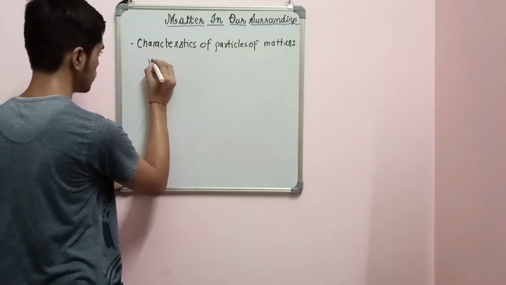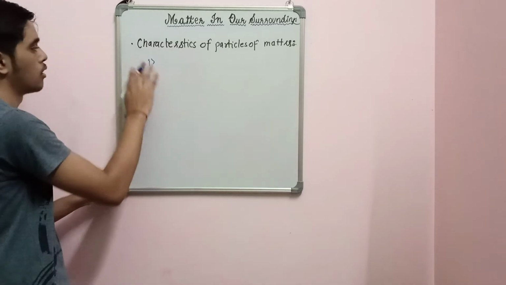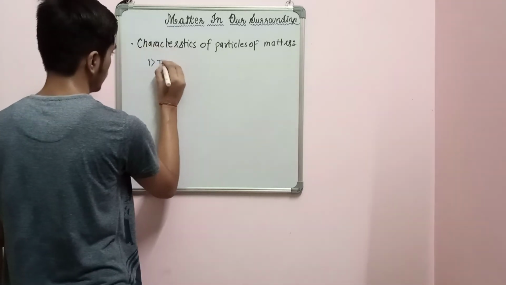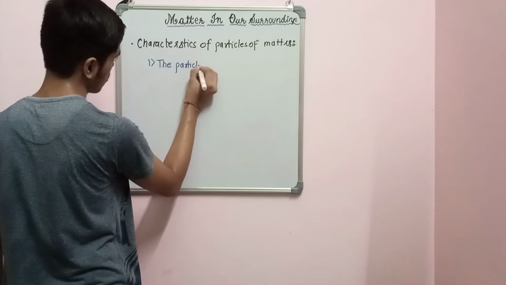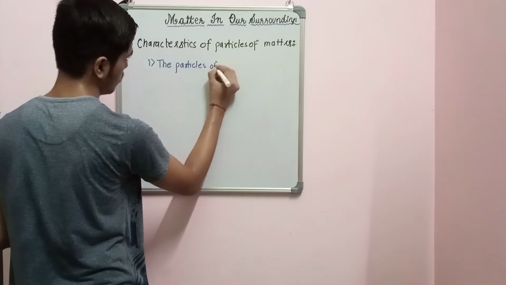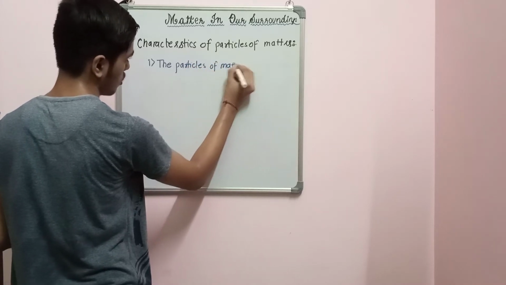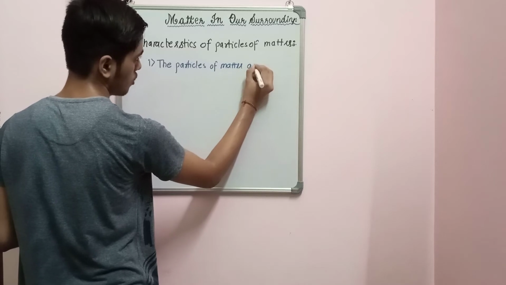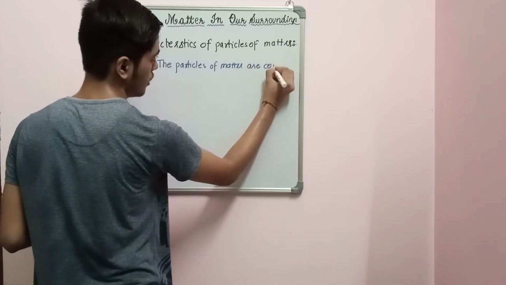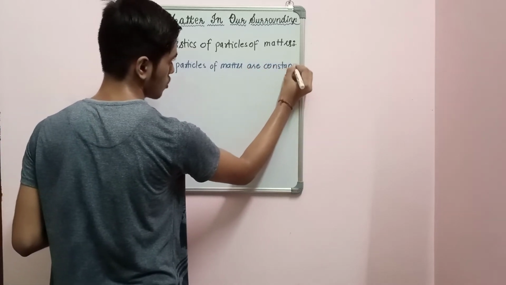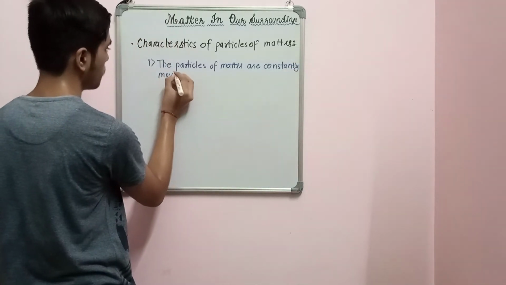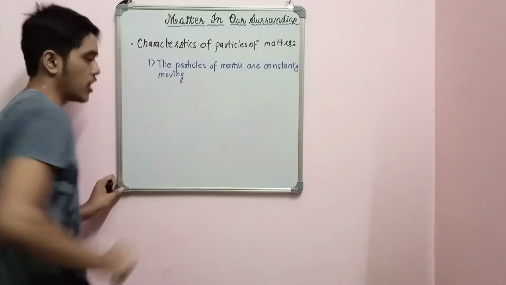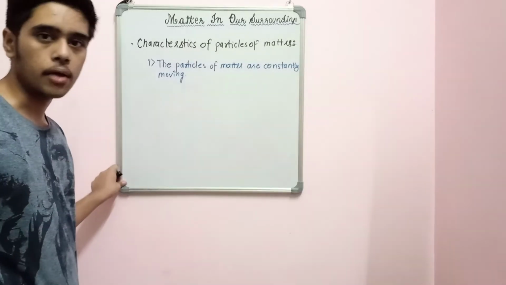The first characteristic of particles is that the particles of matter are constantly moving. All the particles around us are constantly moving.